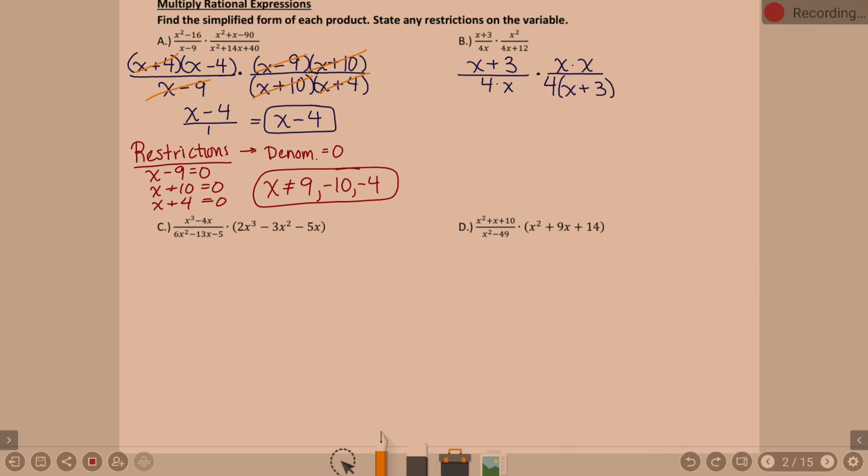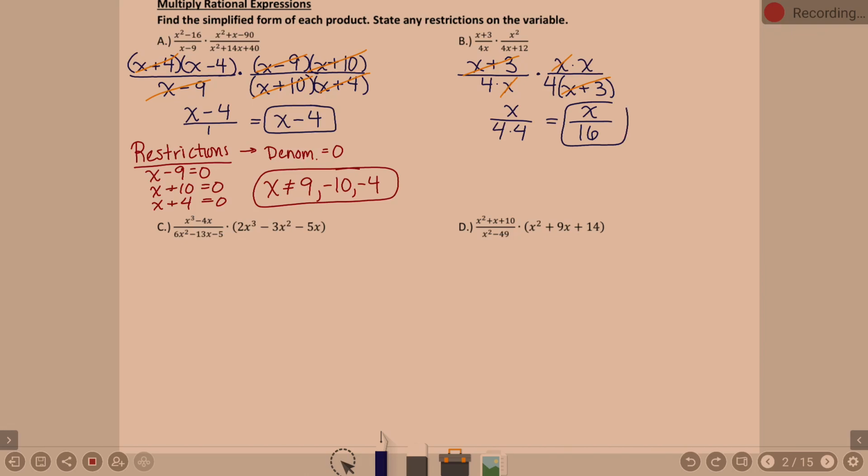X plus 3 on top cancels with x plus 3 on bottom. Did you cancel an x on top? 1x on top cancels with 1x on bottom. Okay, what remains for my answer? X over 4 times 4, or in other words, 4 squared, x over 4 squared, which is 16.